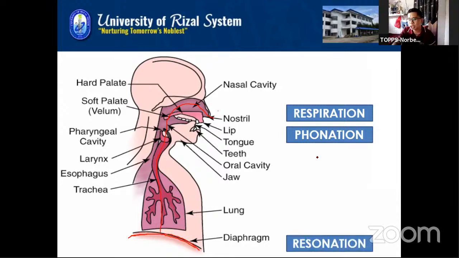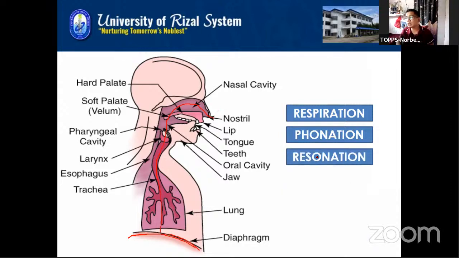So the next stage is what we call the resonation. So in the resonation stage, it helps you to strengthen the sound. Kumbaga, it adds volume to the sound. So if you're just going to put your fingers on your Adam's apple, dito on your part, you could really feel that there is a vibration.